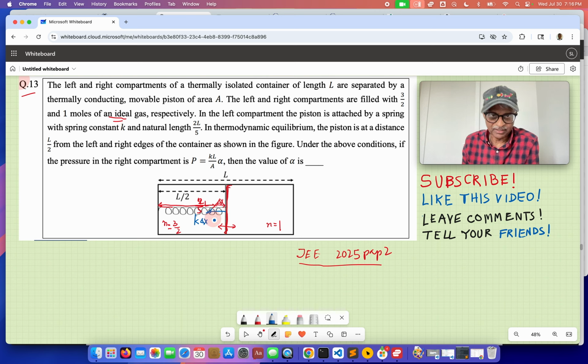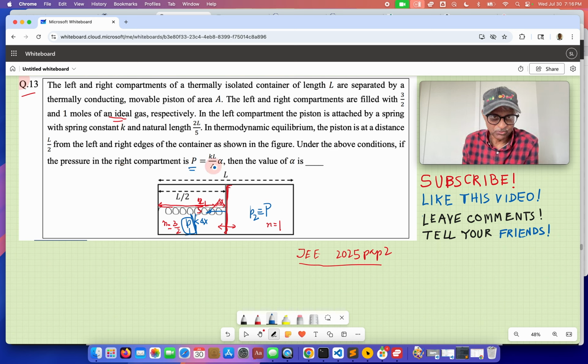And that's actually very critical, because the pressure on the left side is P1, and the pressure on the right side is P2, which is P here, the right chamber.